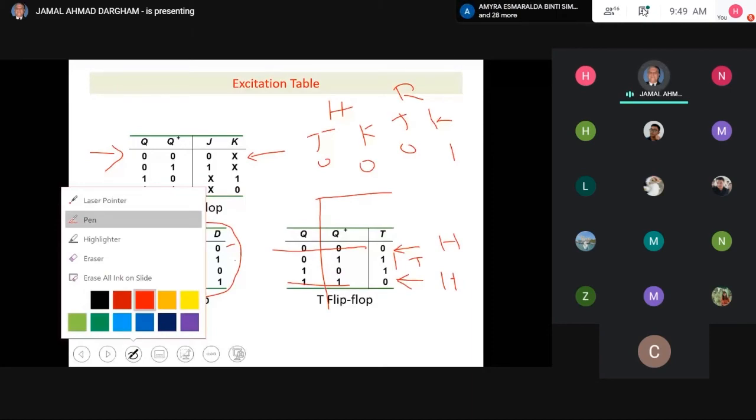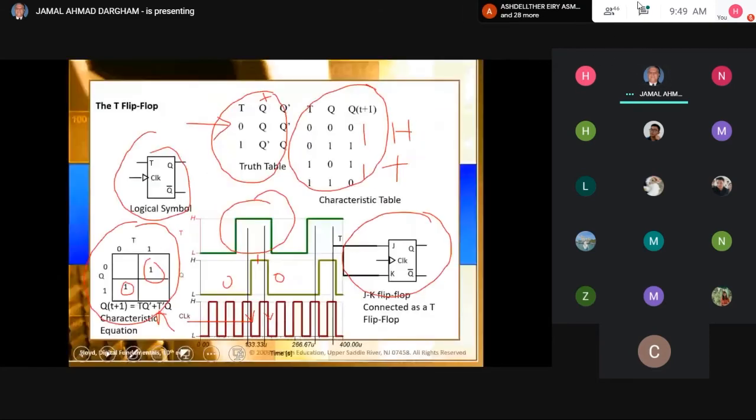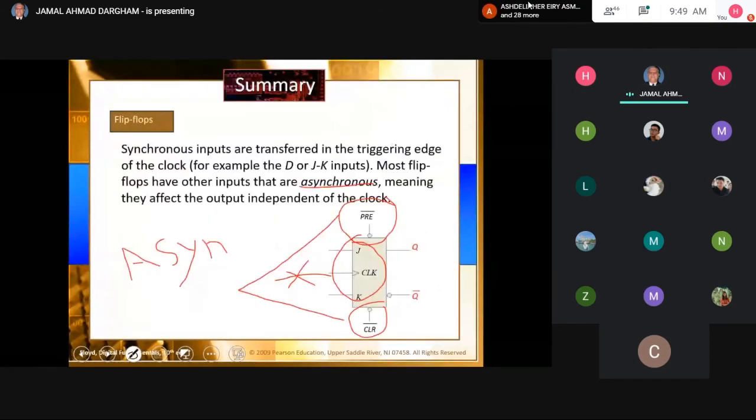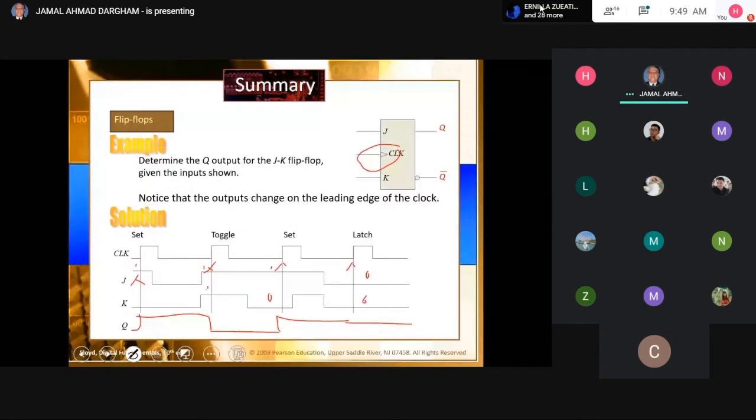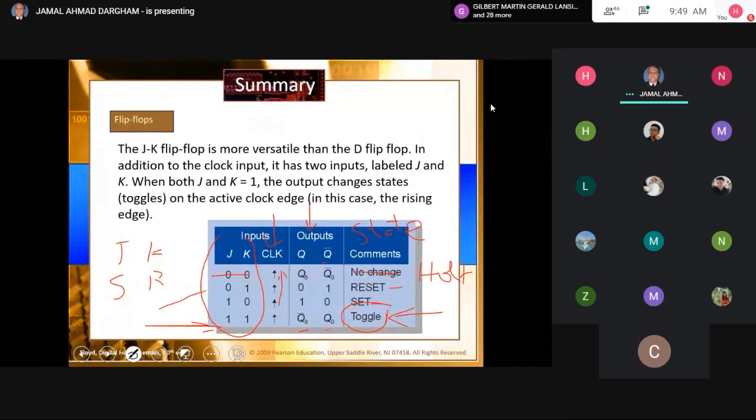I don't memorize them, by the way. I tell you which one I remember. For JK flip-flop, I remember this. So I remember the characteristic table.